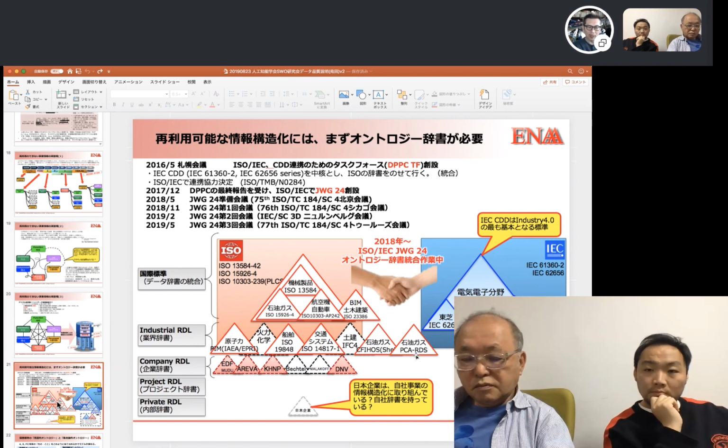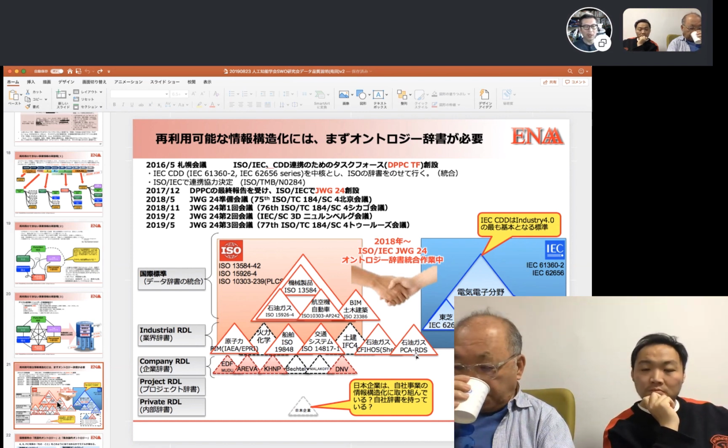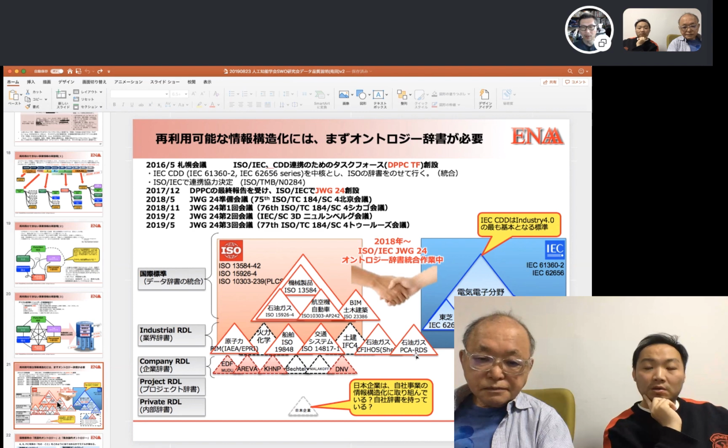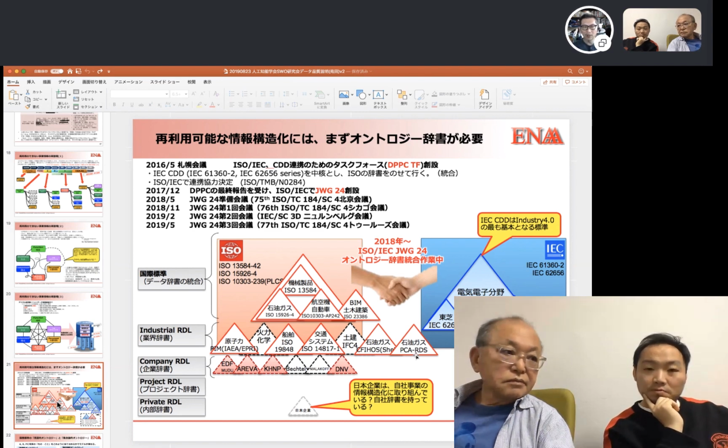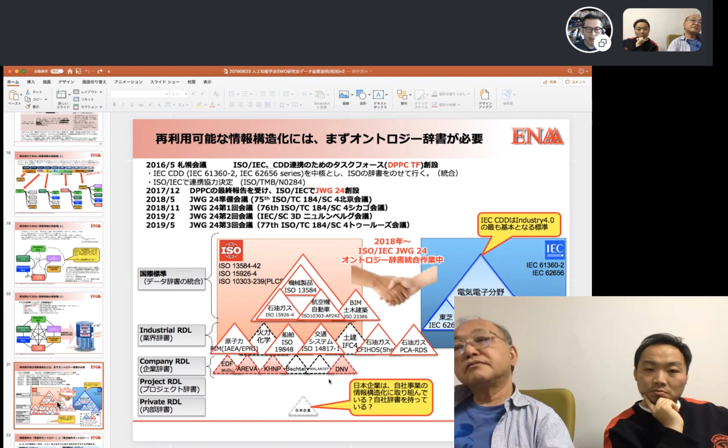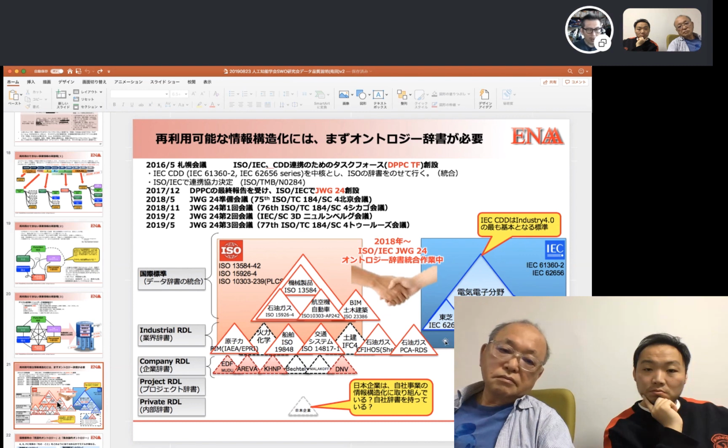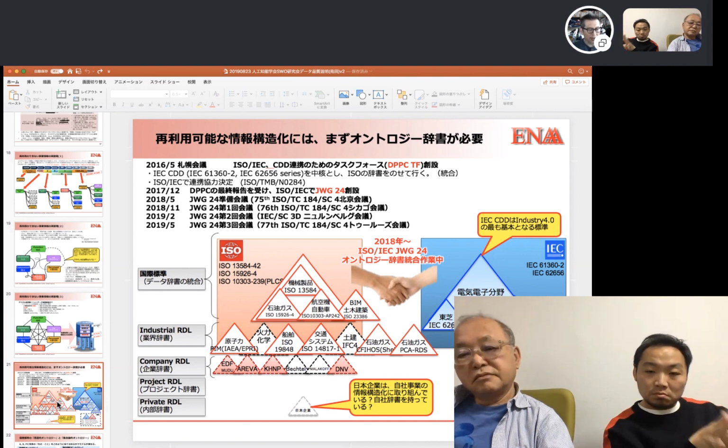Some fields not yet, but we are heading in the same direction. That is the important thing. The point is, we have to have such a consensus-based dictionary based on the ISO IEC. That is the most important part of this digital transformation movement.